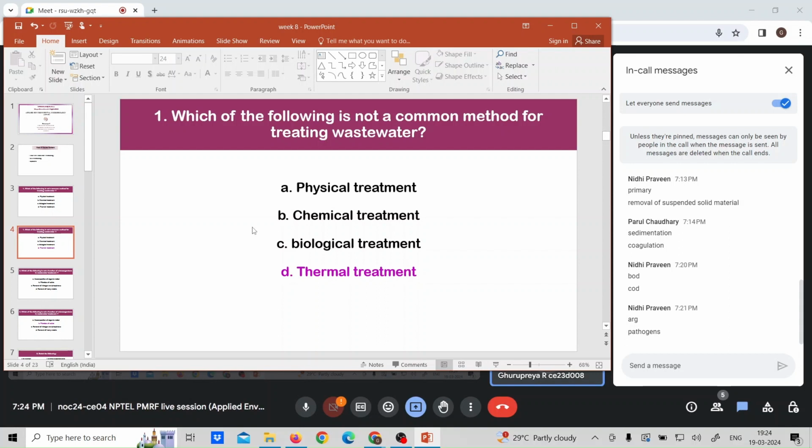So this is very basic about wastewater treatment. Is that fine? Should I also give you some examples of what different characteristics you have to be checking? Just give a reply in the chat box.